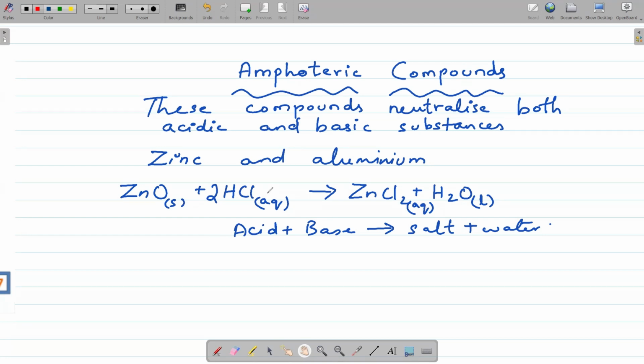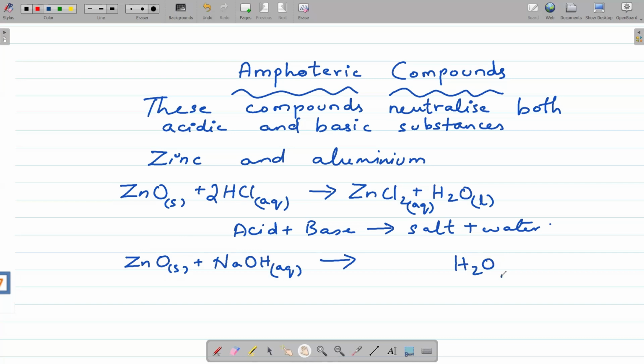Now, however, they also react with an alkali to produce salt and water. So let's take an example. Let's react zinc oxide, which is a solid, with sodium hydroxide. Sodium hydroxide should be aqueous. Remember, acids and alkalis cannot be solid. They have to be aqueous. Remember water.